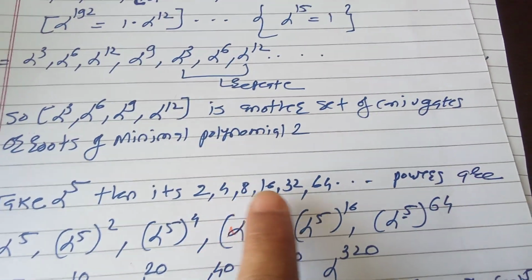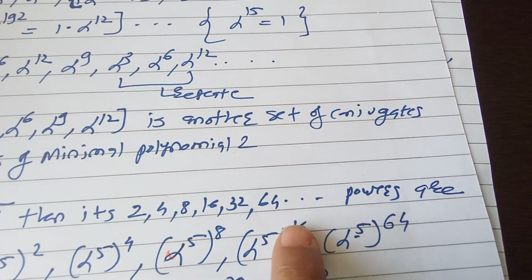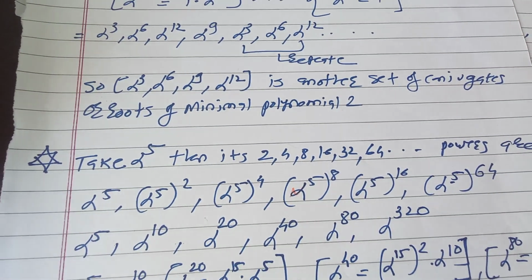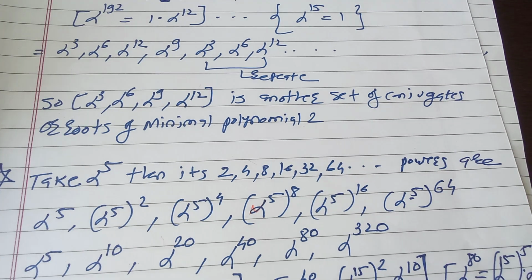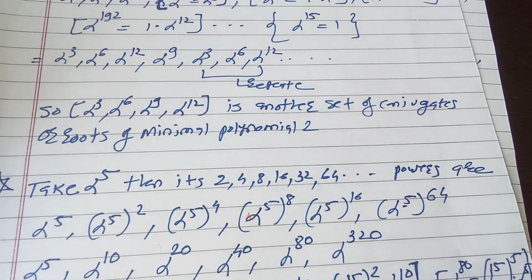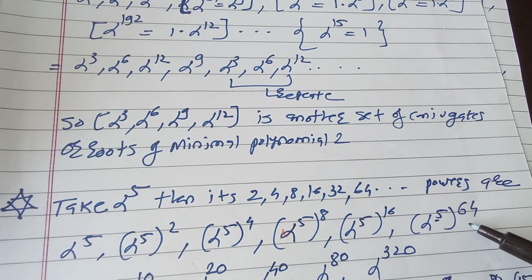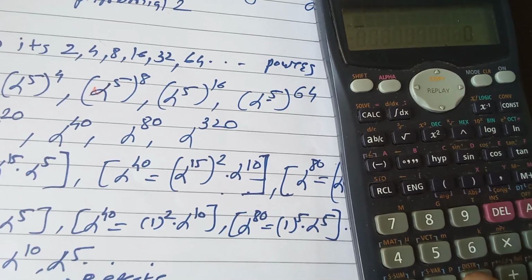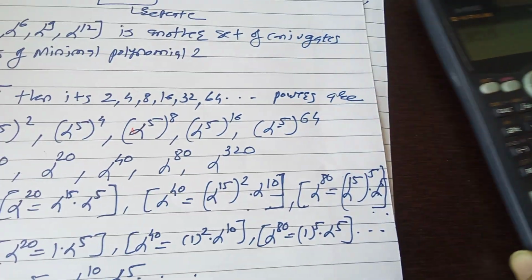Then its powers will be again 2, 4, 8, 16, 32, 64. So 5 times 2, 4, 8, 16, 64. Here 32 is remaining, 32 into 5 is 160.